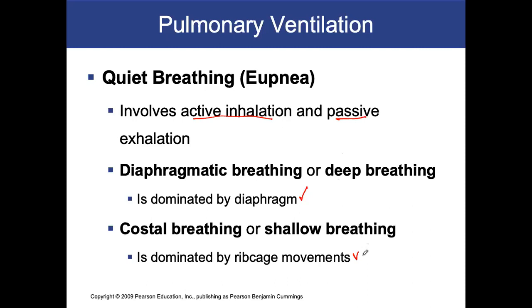With costal breathing, you can tell because if somebody is shallowly breathing or stressed out, their shoulders are going to move up and down more. This is usually the type of breathing that people do when they're stressed out. And to decrease that stress response, you can shut it off by doing deep breathing.